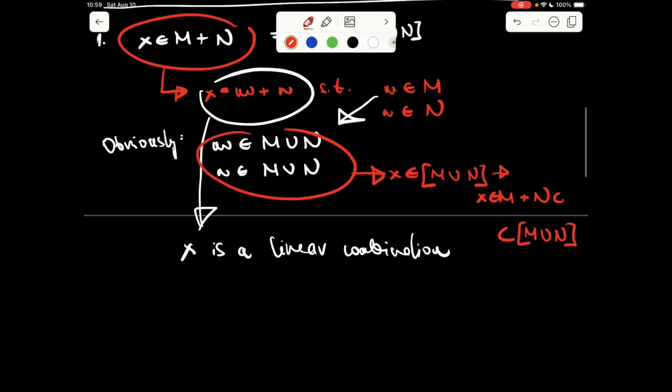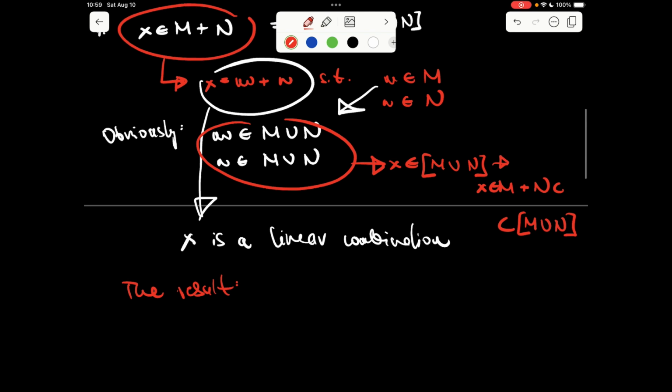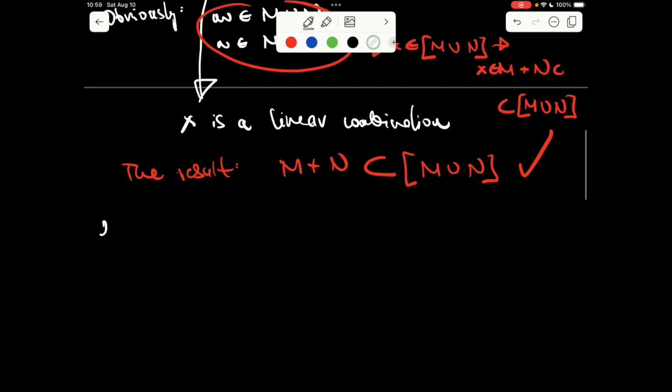So actually, the result is the sum of M and N is a subset of the subspace generated by M union N. And this is what we wanted to demonstrate in the first step.